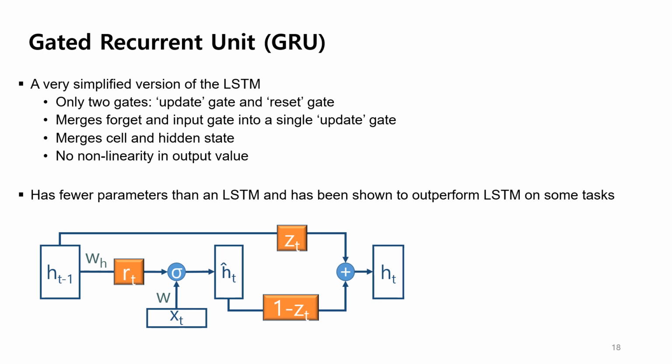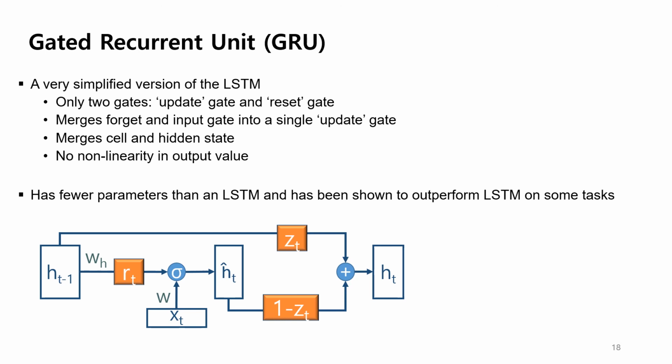It has only two gates, and it has fewer parameters, and it's much faster than LSTM. But even though this model is much simpler, its performance is quite competitive with LSTM. So many people use this GRU these days. It is simple, but it's quite competitive.